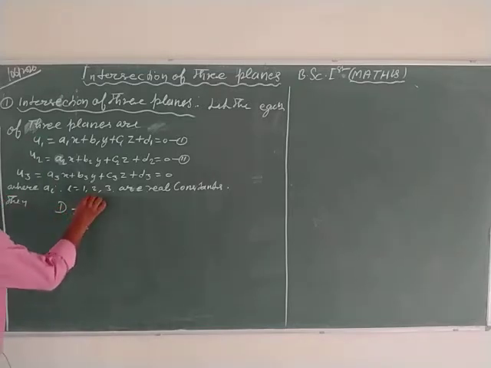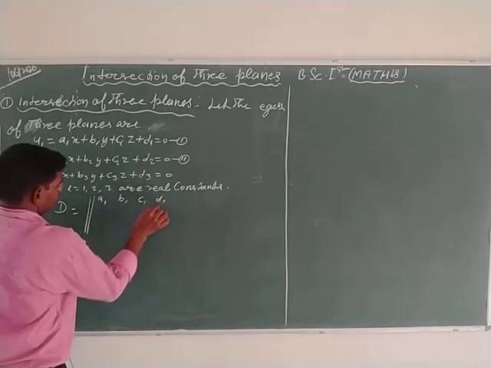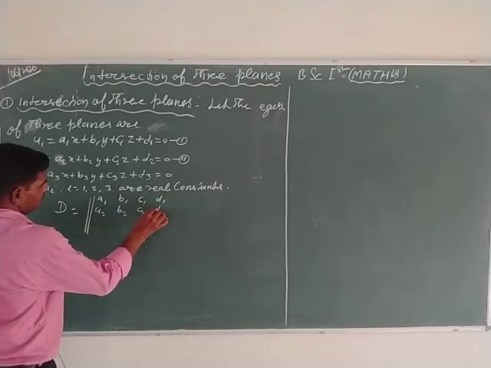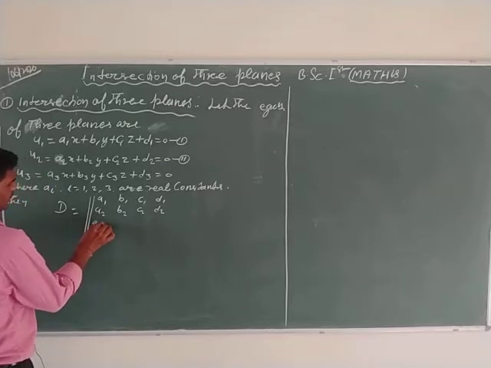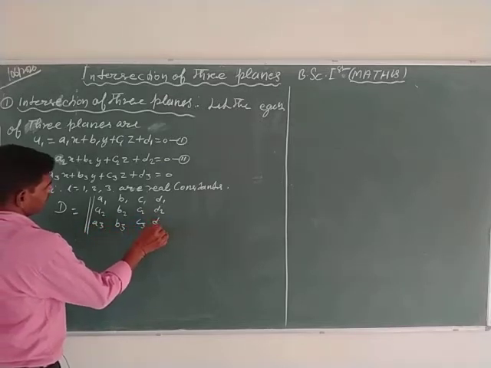Capital D is equal to the determinant with rows a1, b1, c1, d1; a2, b2, c2, d2; a3, b3, c3, d3.